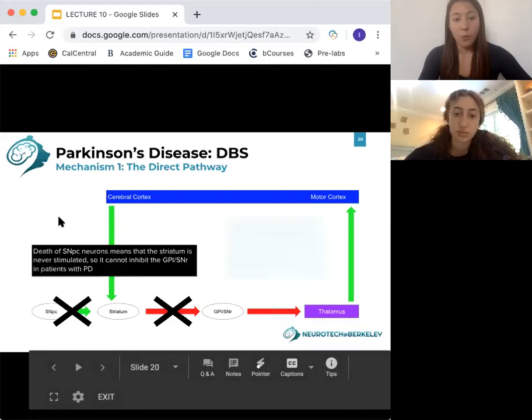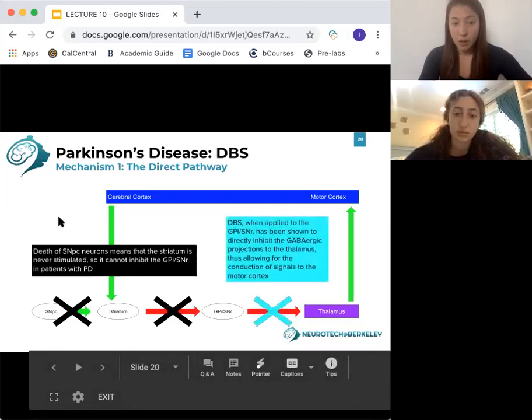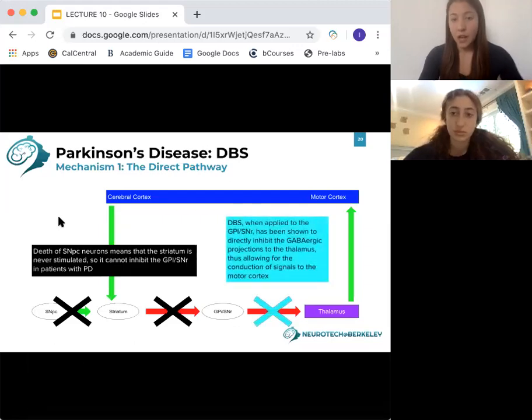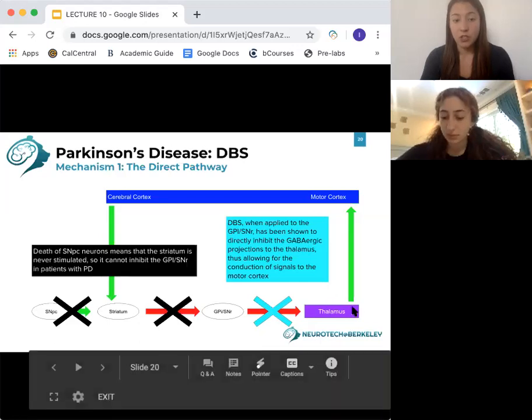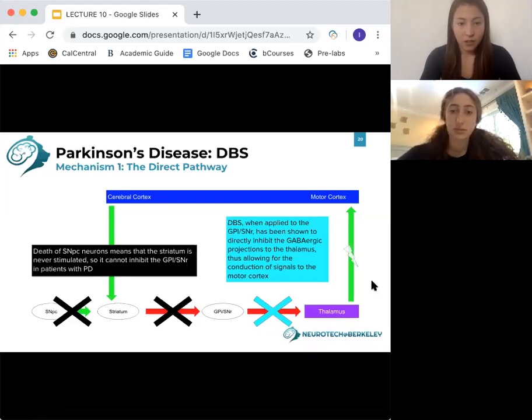Now, with deep brain stimulation, we don't exactly know how the mechanism works, but it's been shown to inhibit the GABAergic projections to the thalamus from the GPI and SNR, which allows for conduction of signals to the motor cortex. So in a sense, when deep brain stimulation is applied, it releases the thalamus, okay? And so, yes, we get movement.